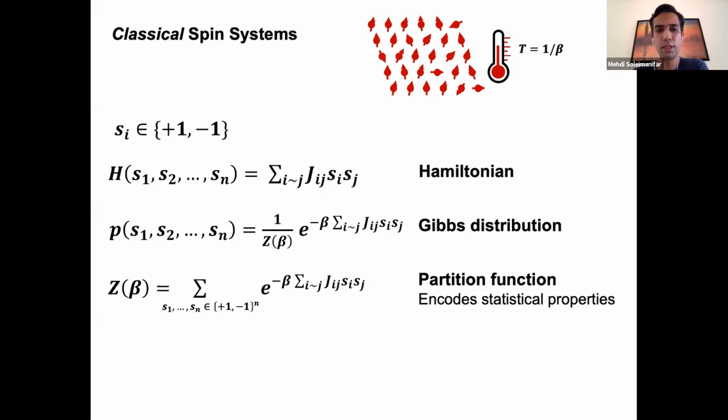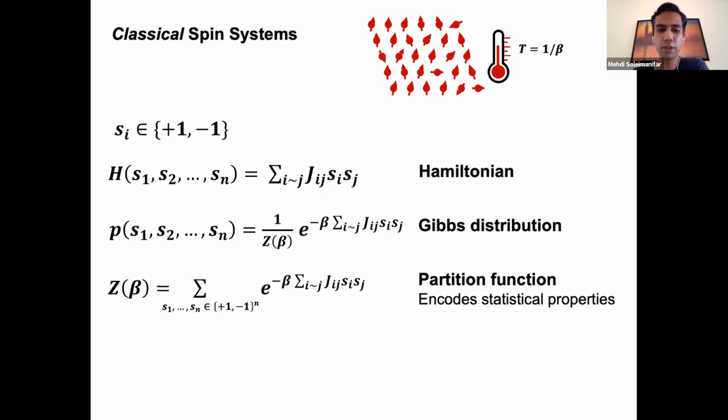And there is a probability distribution that describes the state of the system at some fixed temperature T, that we usually work with its inverse, beta. So one of these spin configurations is attained with a probability proportional to e to the minus inverse temperature times the energy of that specific configuration. And then there is a normalization factor called the partition function, which is the sum of these exponential factors.